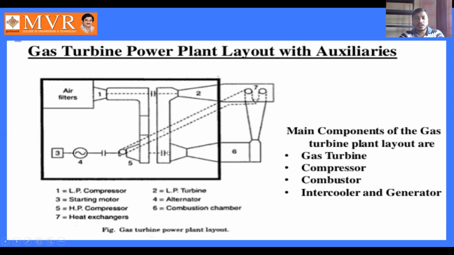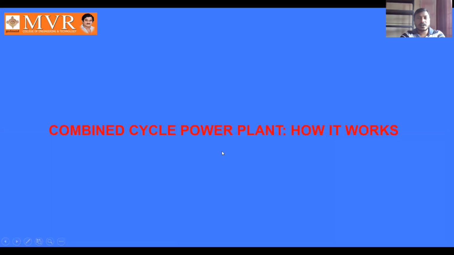The remaining gases produced in the high pressure turbine enter the low pressure turbine, and after that, by heat exchanging, they enter the combustion chamber. This is the gas turbine plant layout.